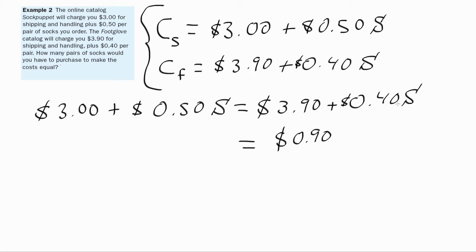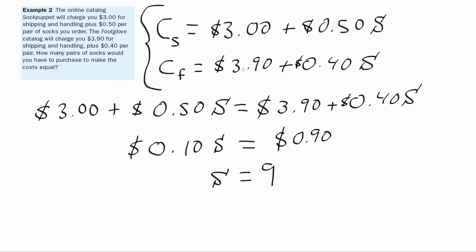I'm going to subtract 40S from 50S, and that'll leave me with 10 cents times S. I'm going to divide both sides by a tenth, and 0.1 into 0.1 is just S. How many times does a tenth go into 90? Oh, that goes in 9 times, so S equals 9.